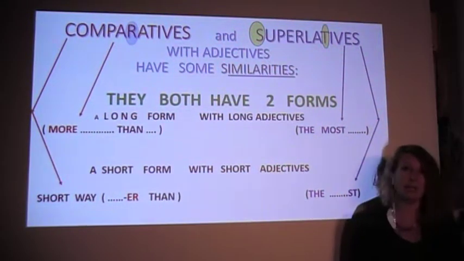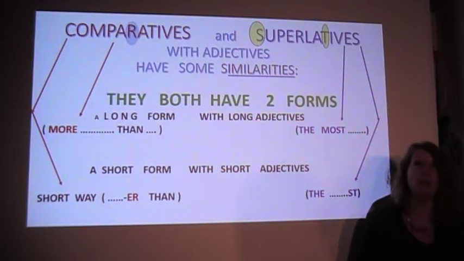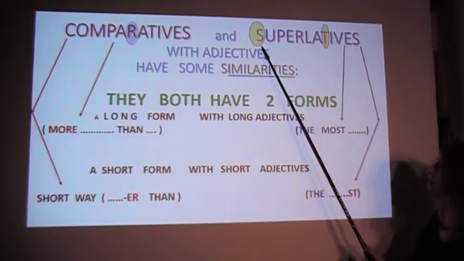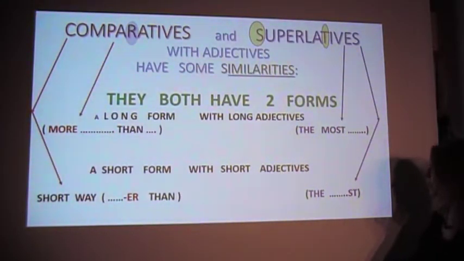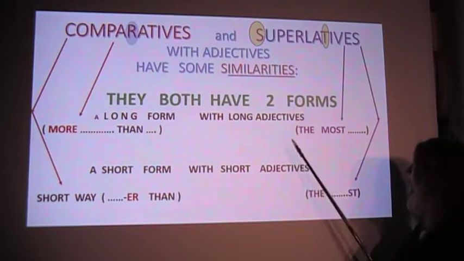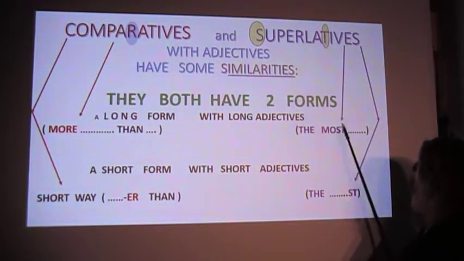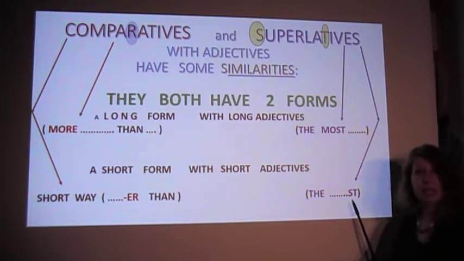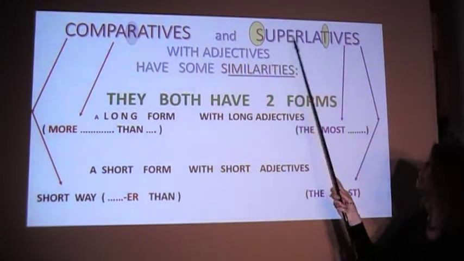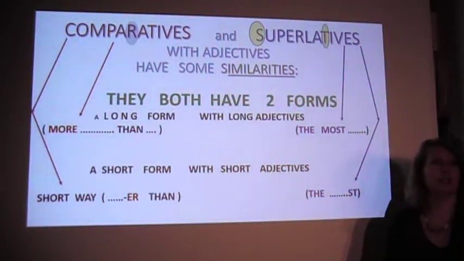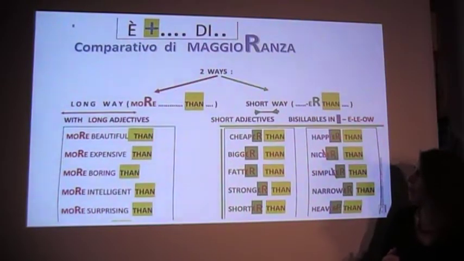So in both cases, in the long form or the short form, you always have the R. And here I have highlighted the S and the T, because the clue word for the superlative is most, the most, or the plus suffix st. So I have highlighted the S and T in superlative, just to help you. Next slide, please.